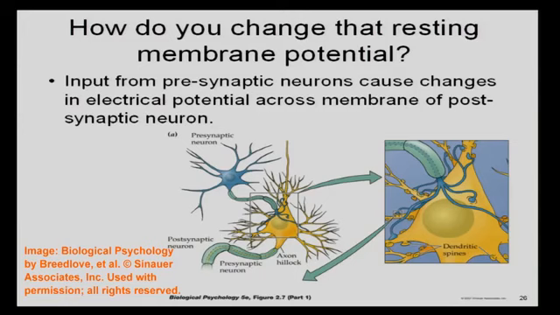And that's the chemical transmission that we're going to go over next time. So we're going to talk about that. But just know that it's the inputs from the axons terminating on the dendrites and the cell body of this neuron that are changing the potential. It could change up or down. There are inhibitory inputs as well, but we're focused on excitatory inputs. Any other questions?